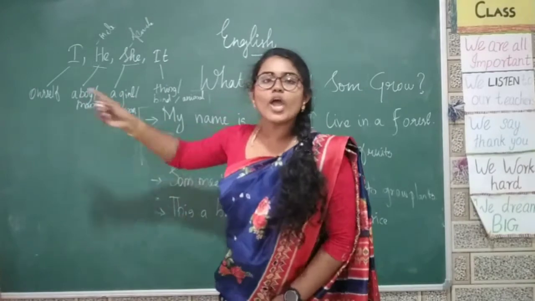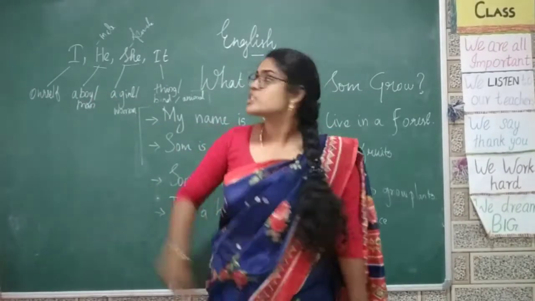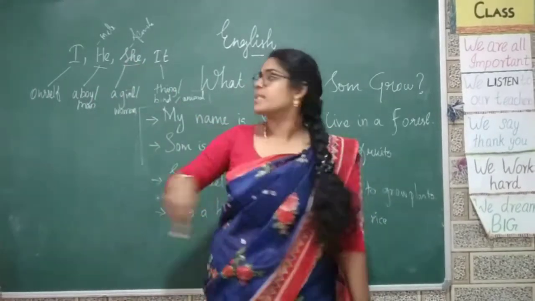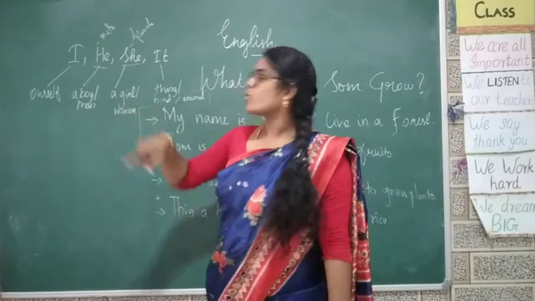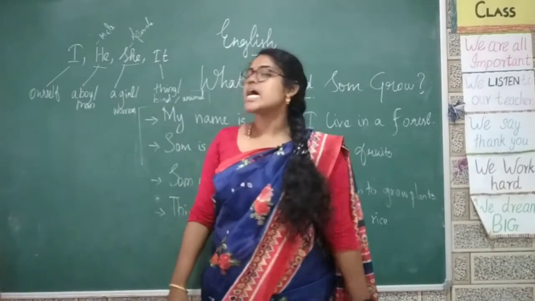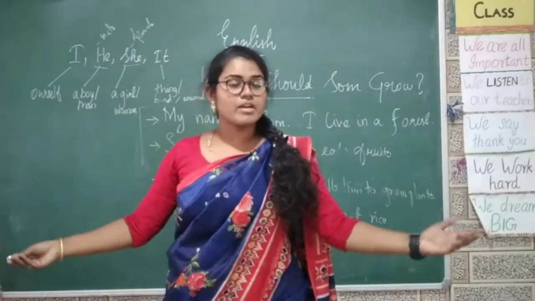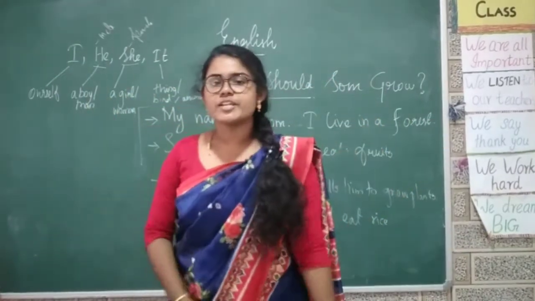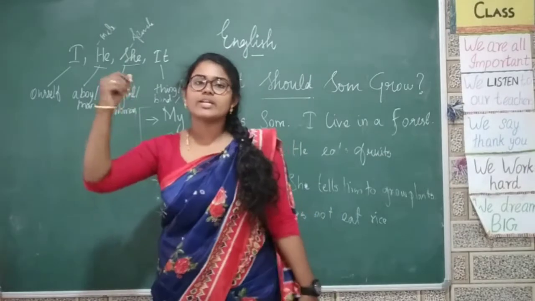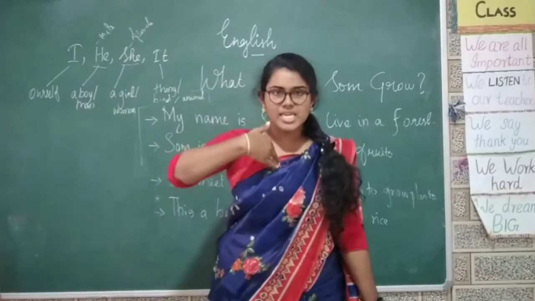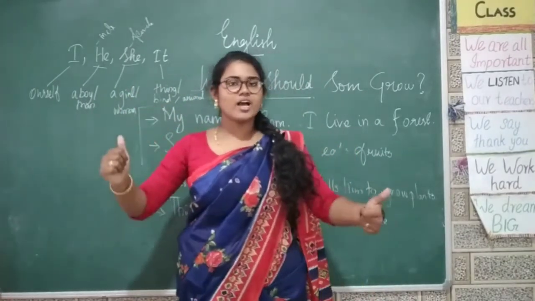That means a boy or man. She is female. That is girl or woman. I, no gender based. Any gender, anyone can use. That should denote me. Me. That's very important. Clear?